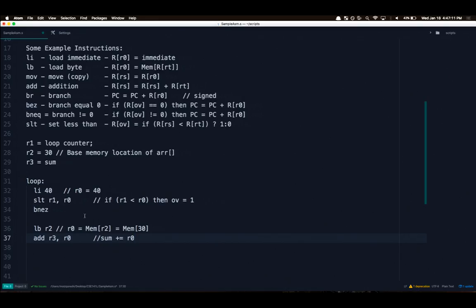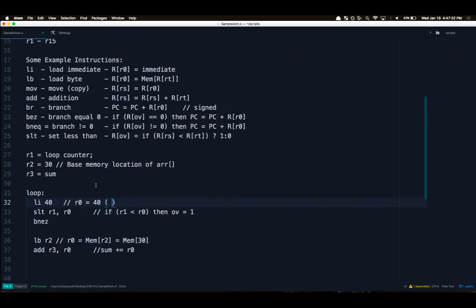So 40 was just, I have an array of 40 elements. So I want to iterate through each one and add the value that's in each element. So I need to check. So this is like i equal to 0, or this is just doing i less than 40.